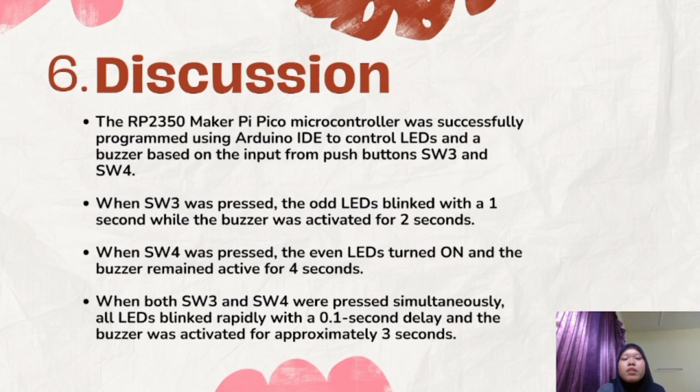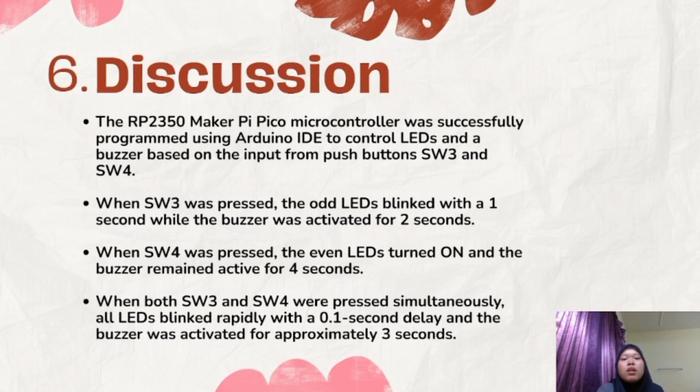For the first condition, when switch 3 was pressed, the odd number LEDs started blinking with a delay of about 1 second. At the same time, the buzzer was active for 2 seconds. This showed that the microcontroller could correctly detect the button press and execute the output sequences.